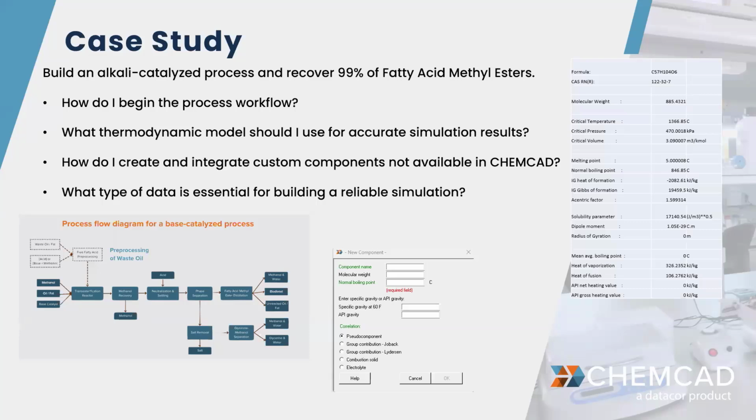So the first thing is, okay, thermodynamics. What thermodynamic model? Usually for a biodiesel process, you would like to use an NRTL activity coefficient model. NRTL is usually recommended for non-ideal behaviors, which applies very well to the components in the biodiesel process.